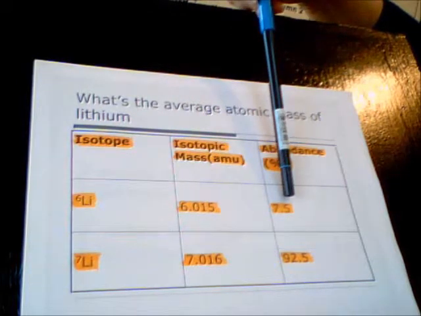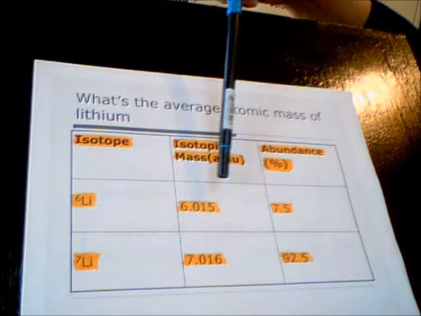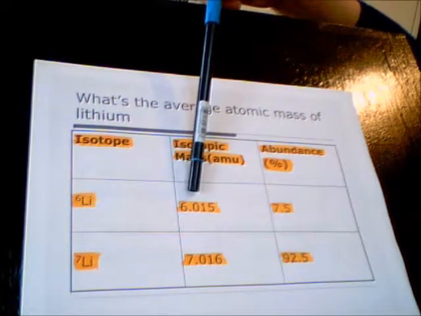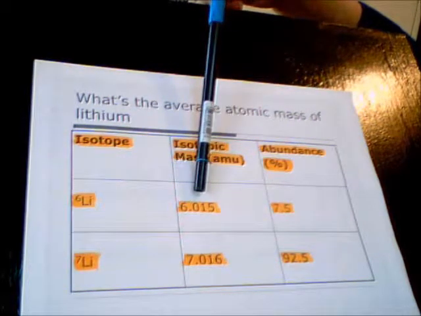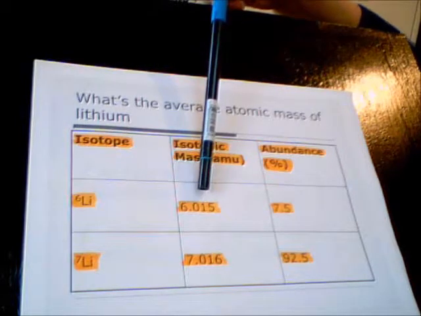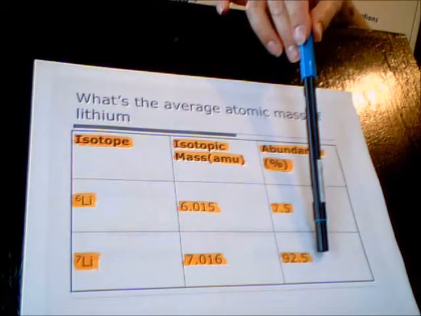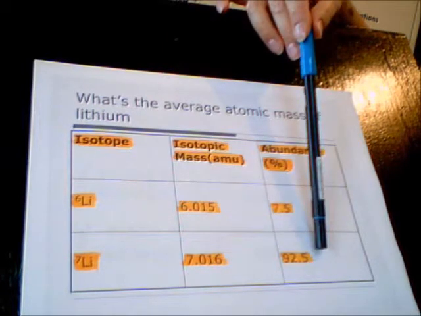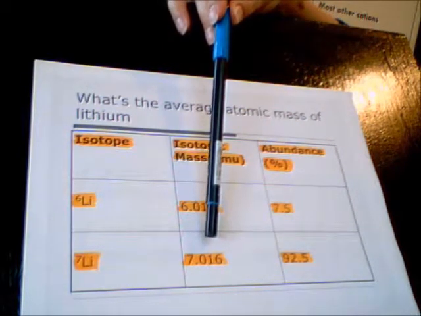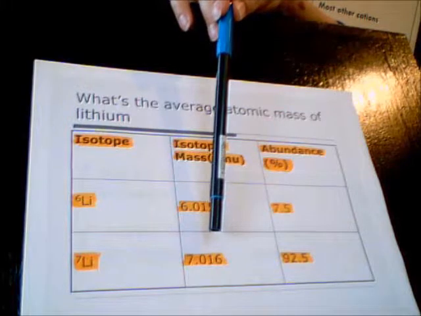So 7.5% of lithium has a mass of 6.015 atomic mass units here on Earth. The other 92.5% of the lithium on Earth has a mass of 7.016 atomic mass units.